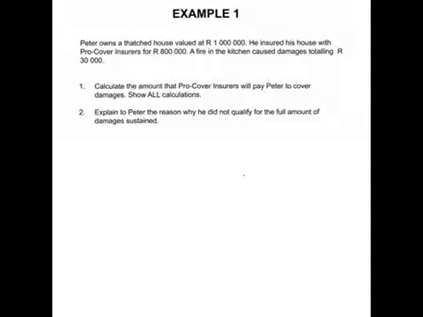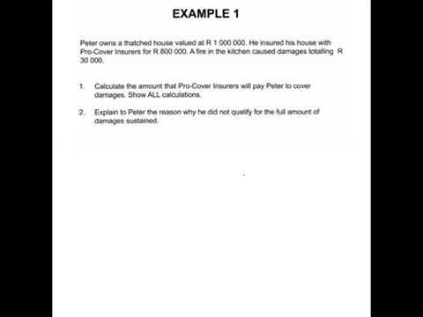People always think that, like in this example, the damages was only 30,000 rand, and we are covered for 800,000 rand. So people tend to think that because we have cover up to 800,000 rand, we will receive the full 30,000 rand in damages. But that's not how insurance works.